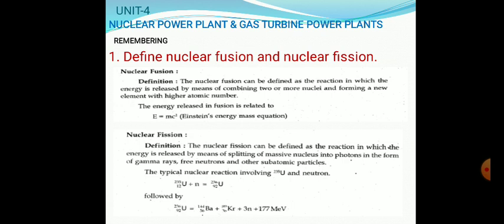The typical nuclear reaction involving uranium 233 and neutron is given as uranium 235 plus neutron gives uranium 92 233, followed by uranium 92 235 gives barium plus Kr plus 3n plus 177 MeV.